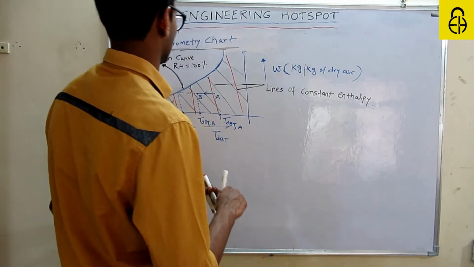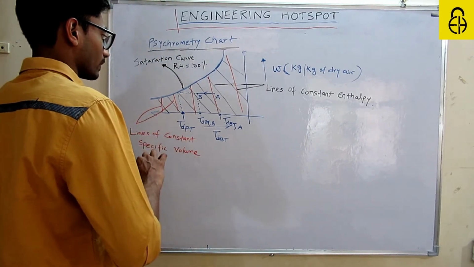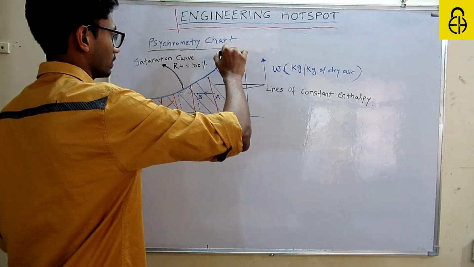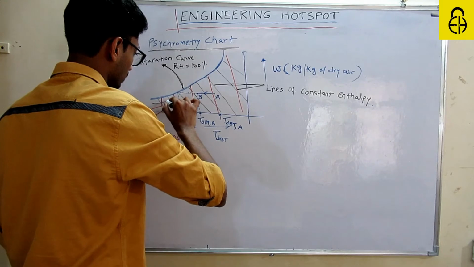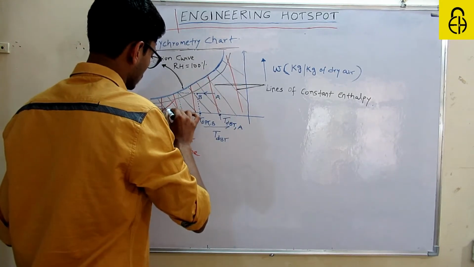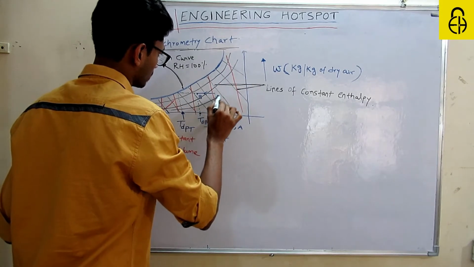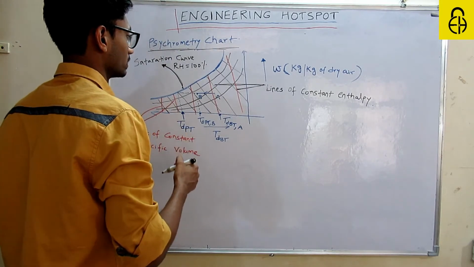There are some more curves. Since I told you this is the curve of 100% RH, if you go away from this curve, the RH goes on decreasing.